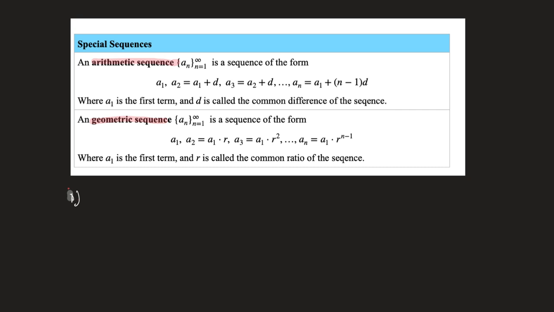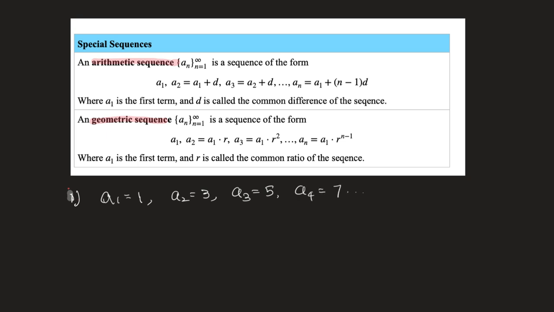For example, A1 is 1, A2 is 3, A3 is 5, A4 is 7.